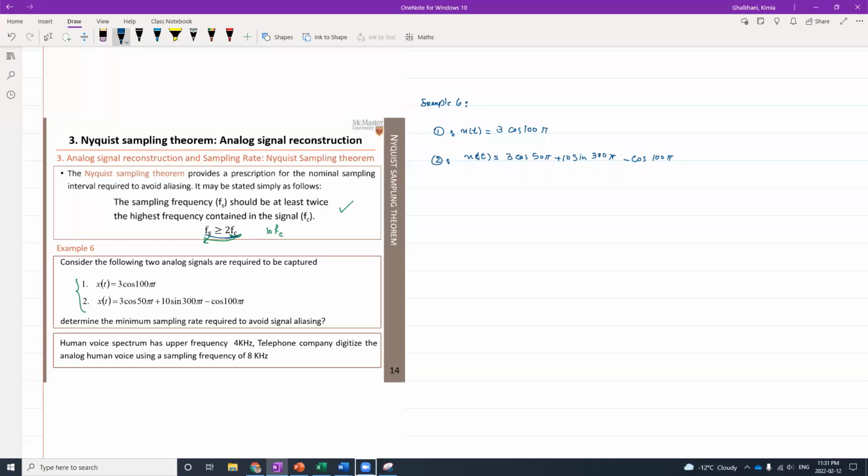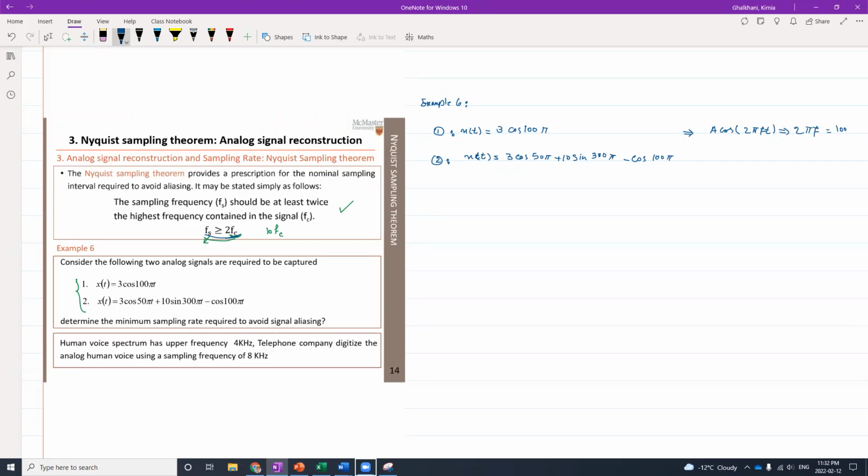So knowing that, for signal 1, what do I have? Generally, you have to remember this one. This is a general format: A cos 2 pi f t, which equals A cos omega t, so omega equals 2 pi f. In this case, it is 100.